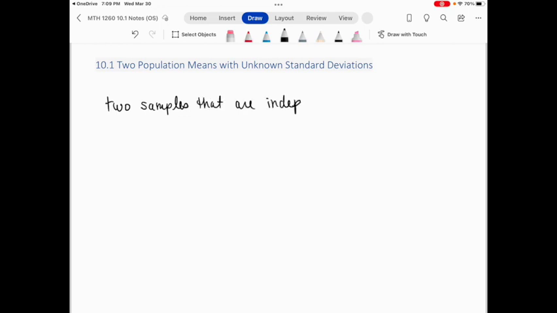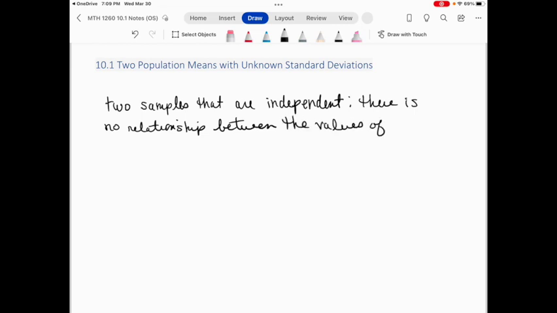We talked about it previously in probability, so we're going to review that concept of independent once again. So if we have two samples that are independent, what that means is there is no relationship between the values of the two distributions.